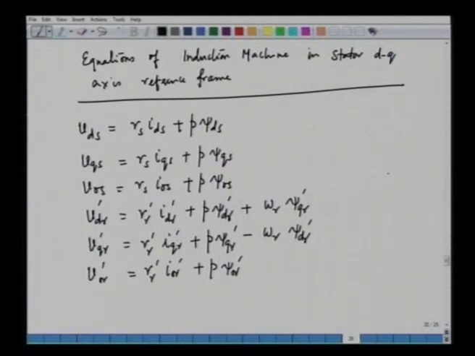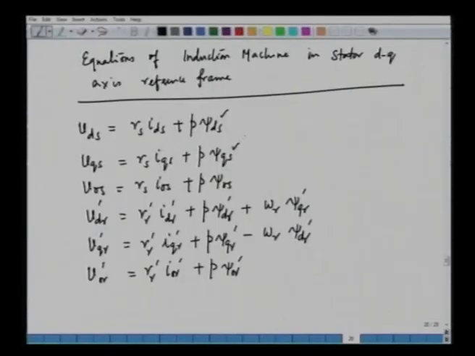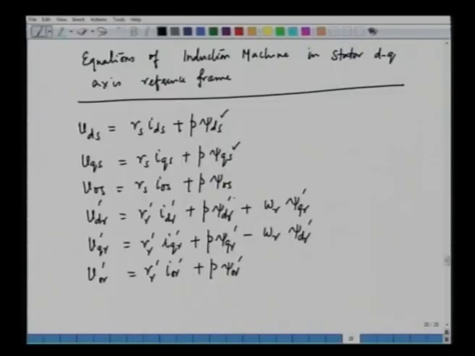Now, these are the equations of an induction machine in stationary dq reference frame. Now, if you see, these flux linkages psi ds, psi qs can be expressed in terms of the inductances, because we have been able to find out the inductances, and then these flux linkages also can be written in terms of the inductances. And we have seen that the rotor is rotating, and hence there will be rotationally induced EMF in the rotor.